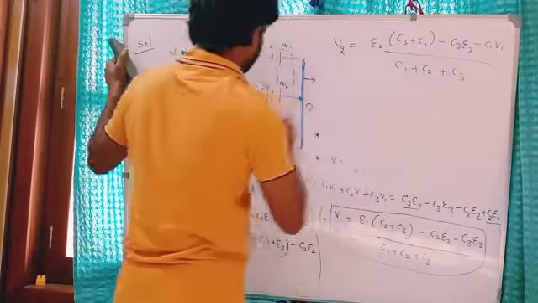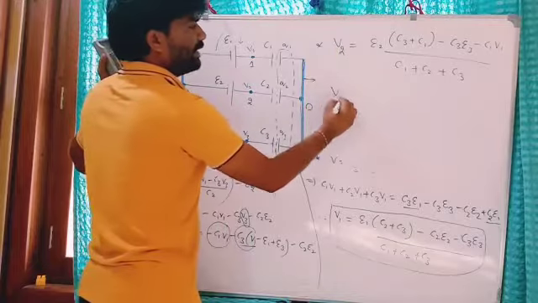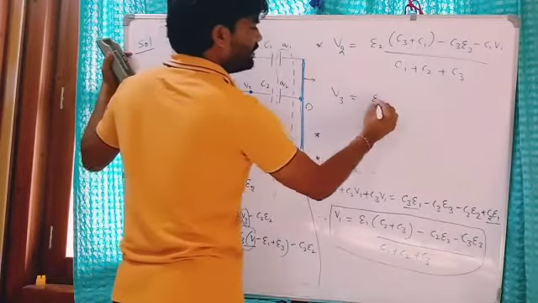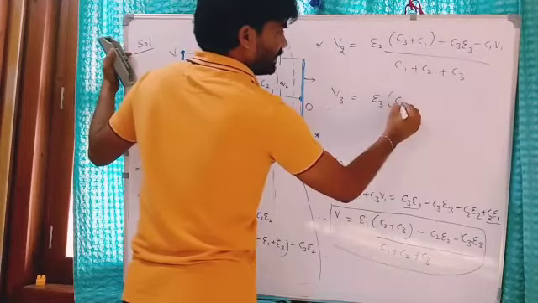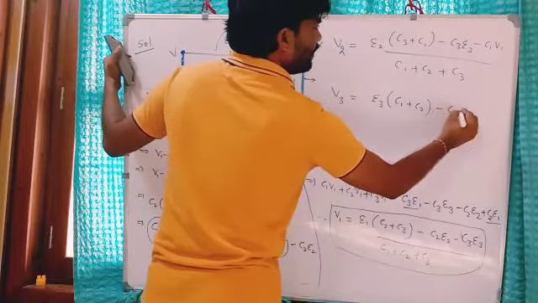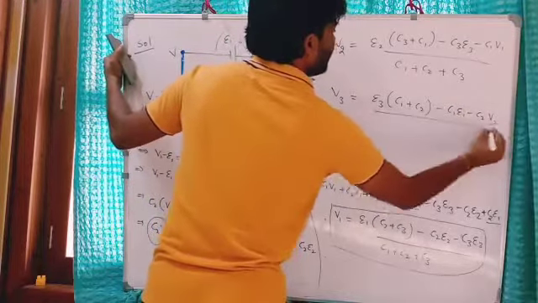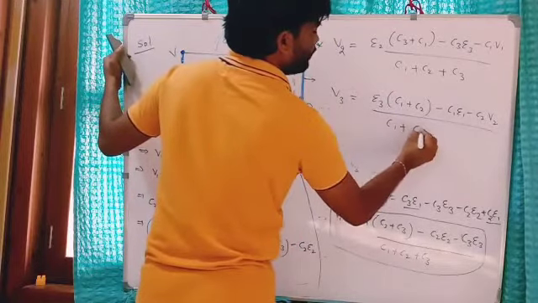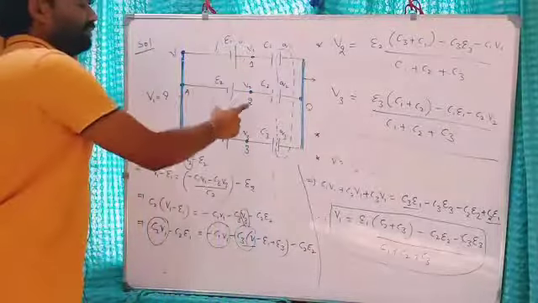This is the potential at point 2. And similarly you can write the potential at point 3 also. It gives E3 times C1 plus C2, minus C1 E1 minus C2 E2, divided by C1 plus C2 plus C3. These are the potentials at points 1, 2 and 3.